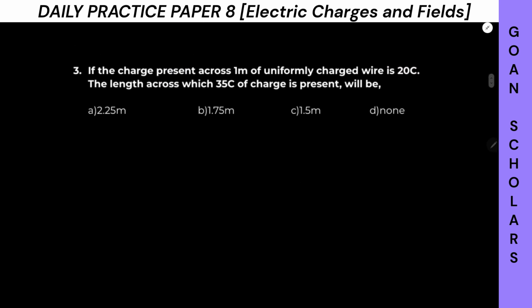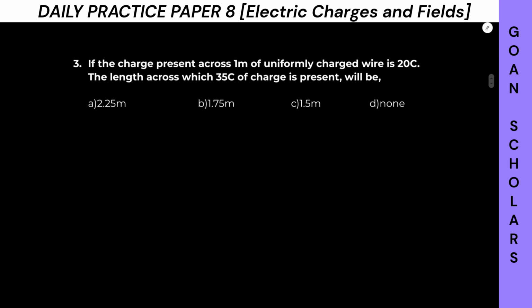Let's move to question number 3. So question number 3 says if the charge present across 1 meter, so R is given here as 1 meter, of a uniformly charged wire, be very careful, this is length, not the radii, because it's a wire and not a sphere. So if the charge present across 1 meter of a uniformly charged wire is 20 coulombs, the length across which 35 coulomb of charge is present will be, so you have Q dash which is equals to 35 coulomb.